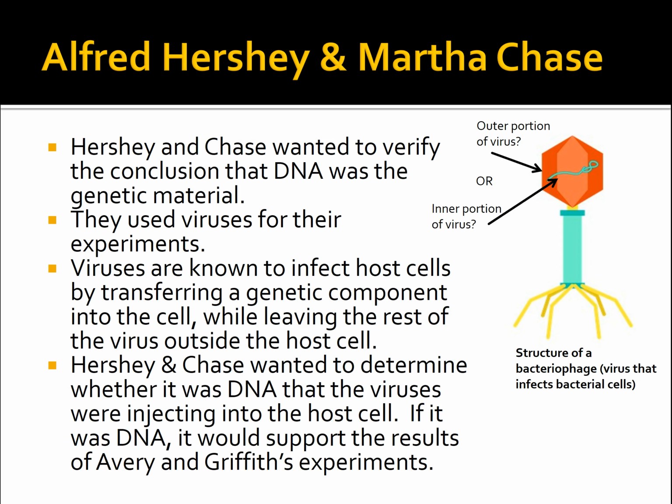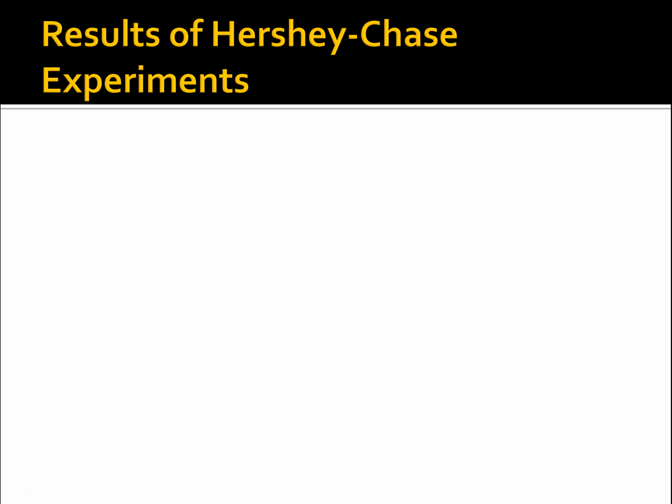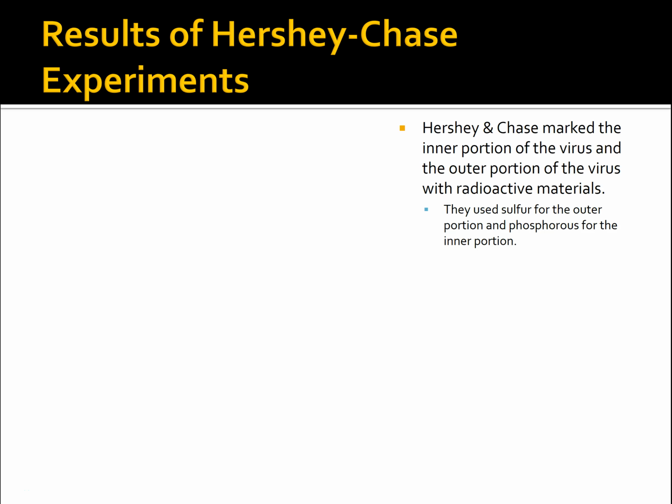Hershey and Chase wanted to determine whether it was DNA that the viruses were injecting into the host cell. If it was DNA, it would support the results of Avery and Griffith's experiments. So Hershey and Chase marked the inner portion of the virus and the outer portion of the virus with radioactive materials.